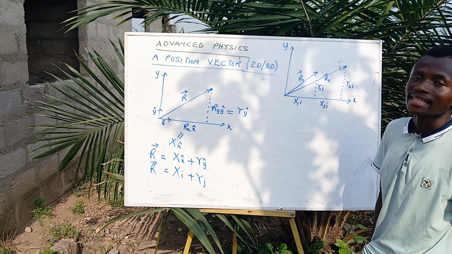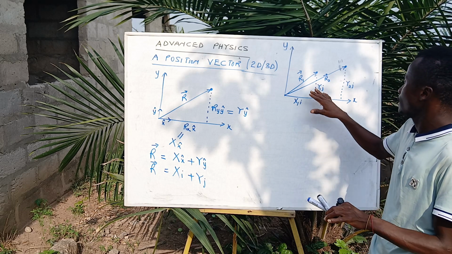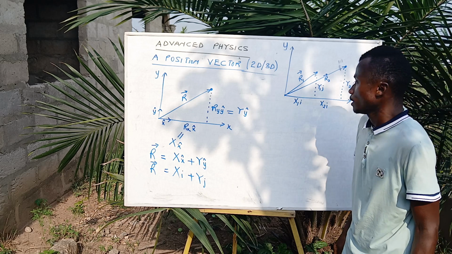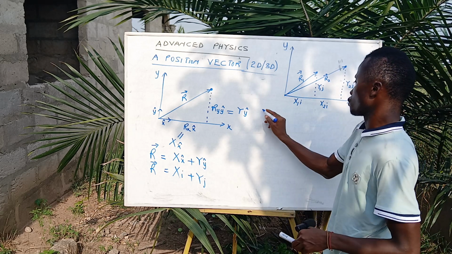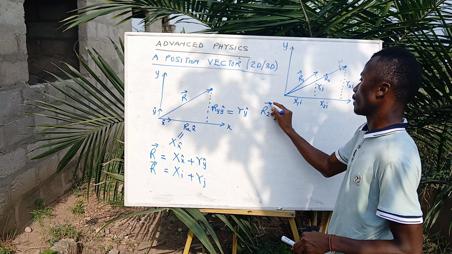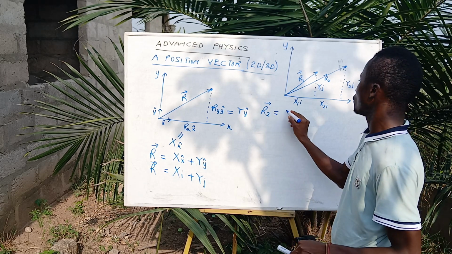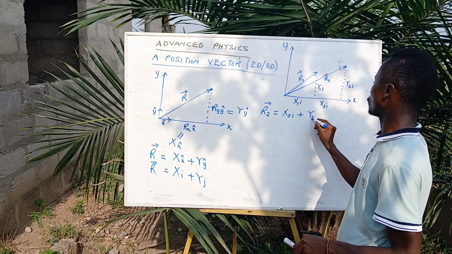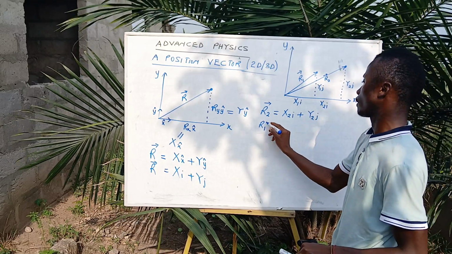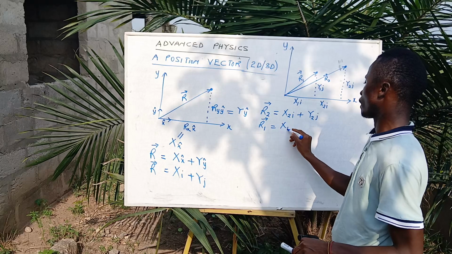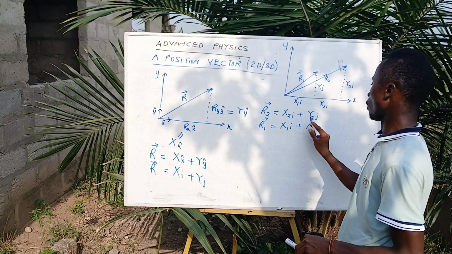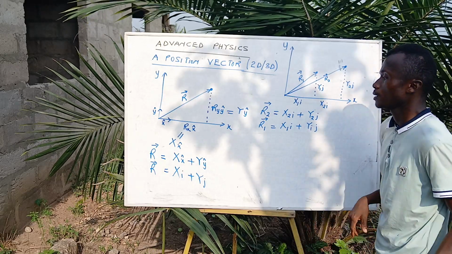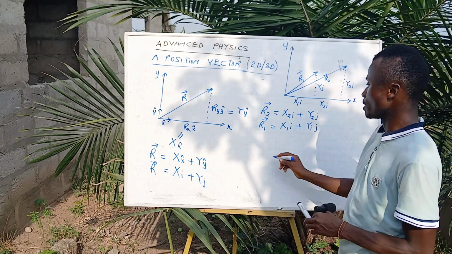Now, what will be the change in the position function? The final position was r2, which is equal to x2 i plus y2 j, and then r1 is equal to x1 i plus y1 j. The change in the position will be r2 minus r1.